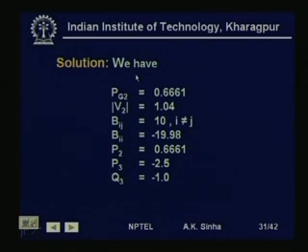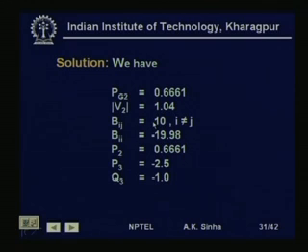Now, using the transmission line impedance values, we have B_ij equal to 10 for i not equal to j, that is B12, B13, B23, B32, all these terms will be equal to 10, because it is equal to 1 by 0.1, 1 by 0.1j.